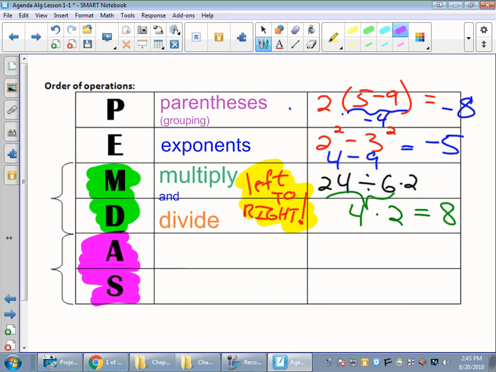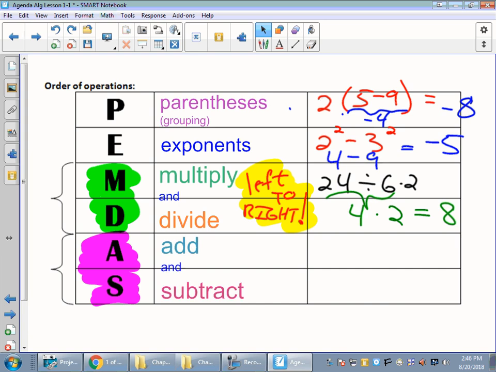It gets a little trickier because you start thinking about negative numbers instead of subtraction, but basically we're talking about going left to right with addition and subtraction as well. So add and subtract, and again, we're working left to right. Our example here would be 11 minus 3 plus 9.